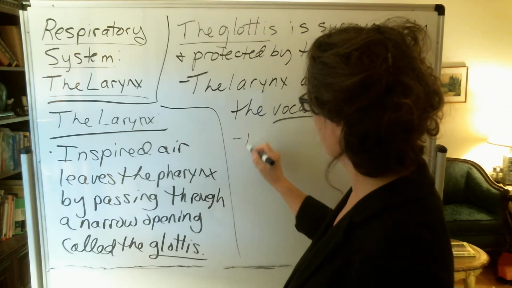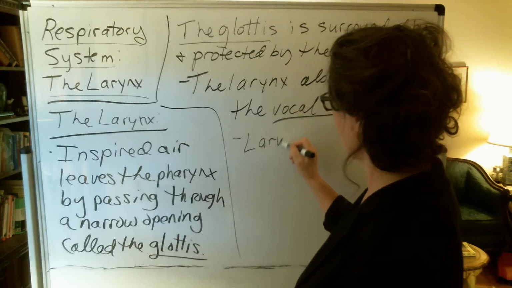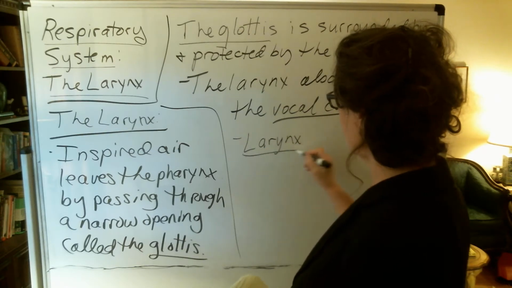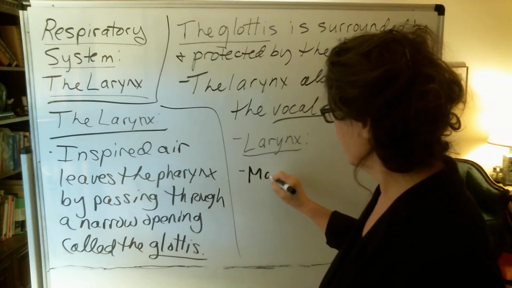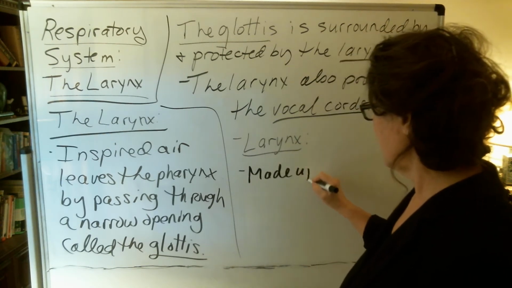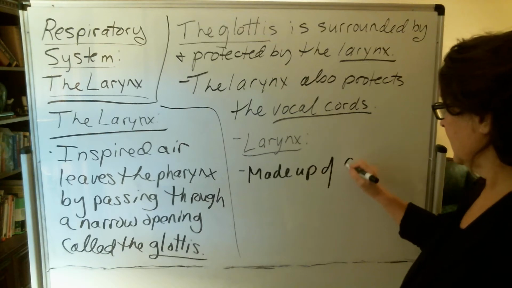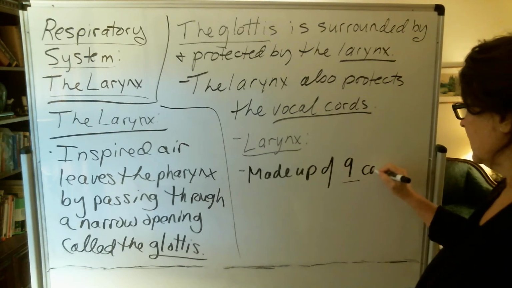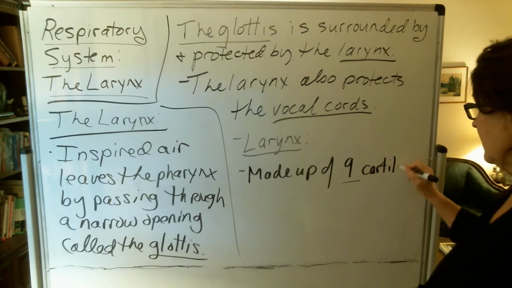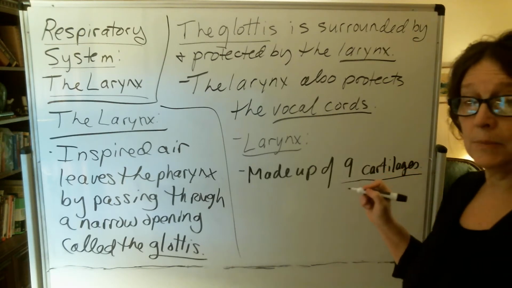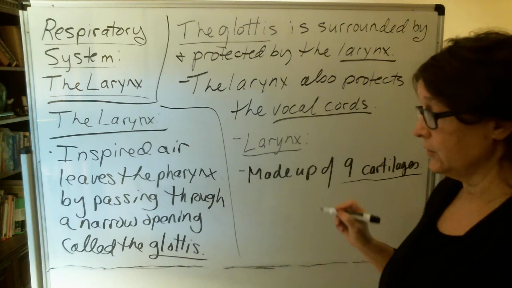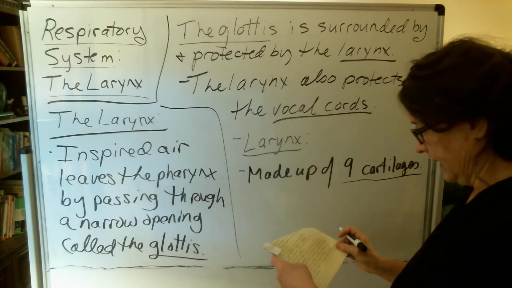So the larynx then is made up of 9 cartilages. So 9 separate pieces of cartilage go into making up the larynx.